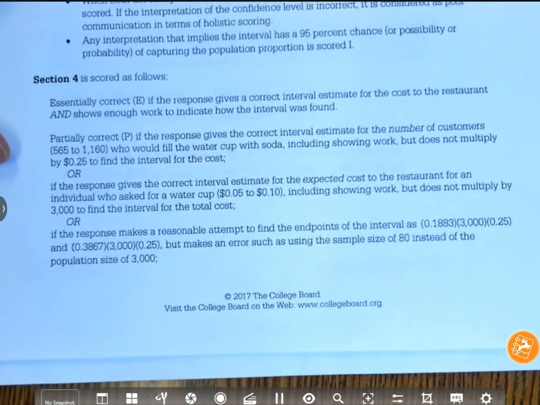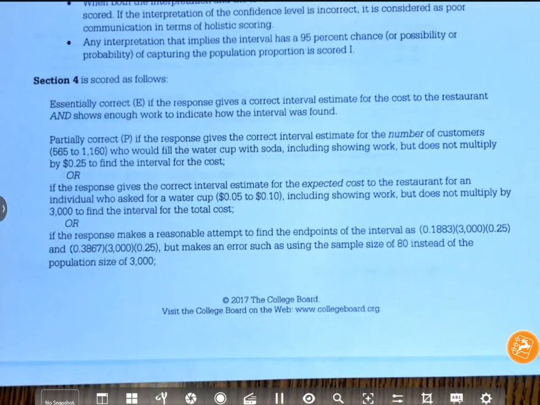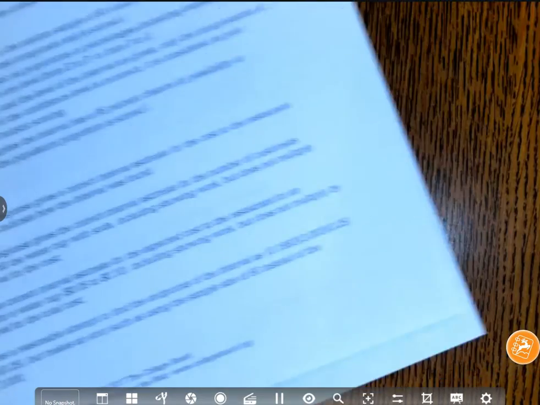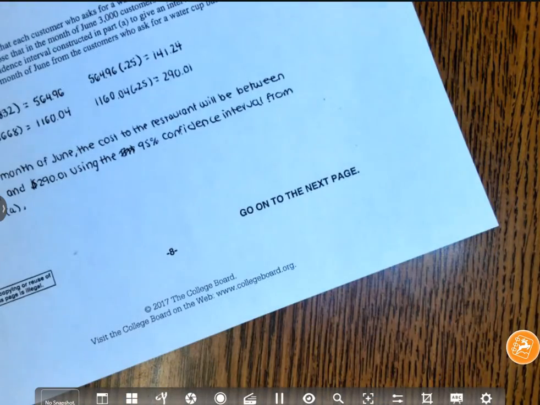And then from the last piece, section 4 is basically if you have the correct interval answer and you showed your work, you get your point. You have your correct answer, but you did not show the work, you get a P.